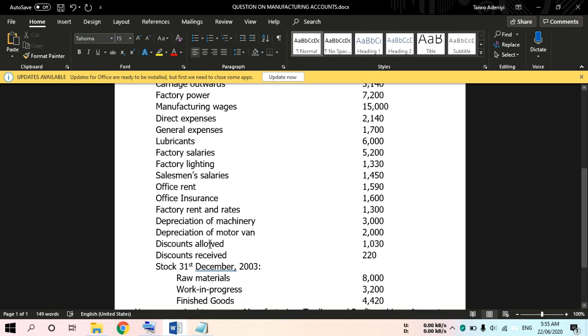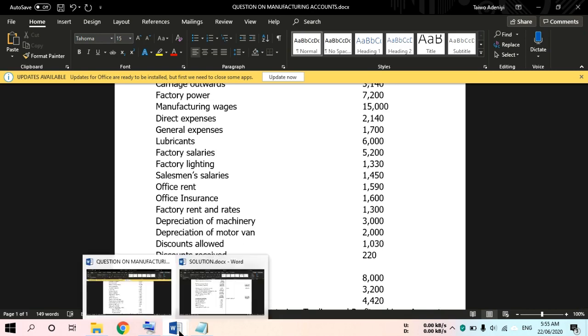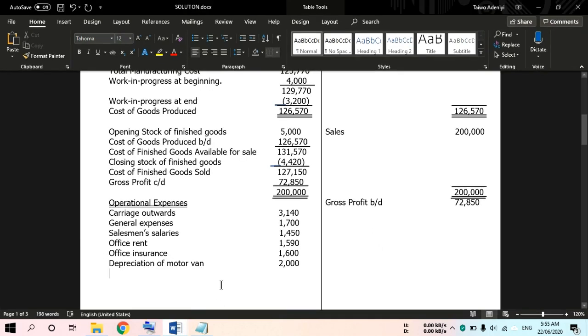Next, we have discount allowed as 1,030 naira, and that will be on the debit side of the profit and loss account. So 1,030 naira.